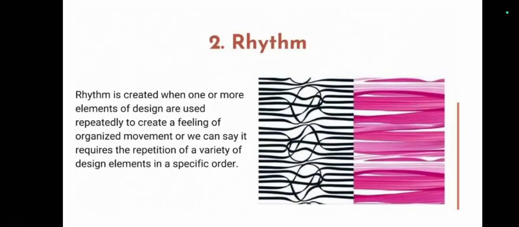For example, if I take a dot and keep it on the drawing sheet, after 1 centimeter I keep another dot, and after 1 centimeter another dot. Like that, the user will see the first dot, then go to the second dot, the third dot. So we are giving the user a direction to look in.